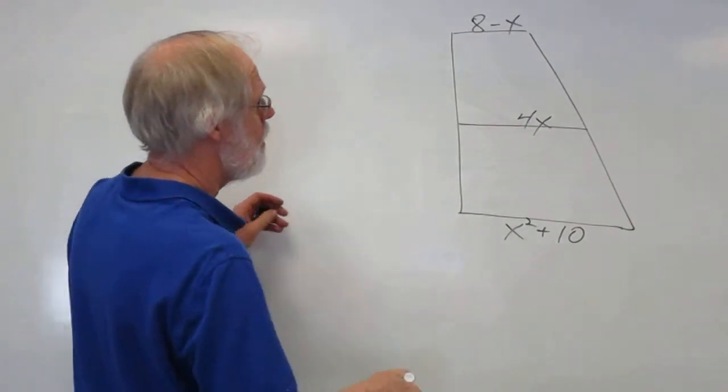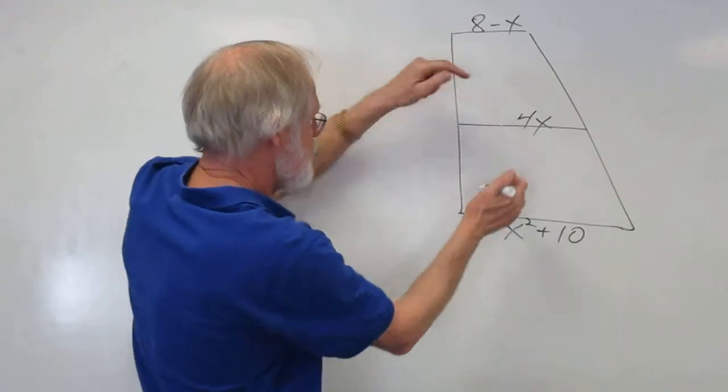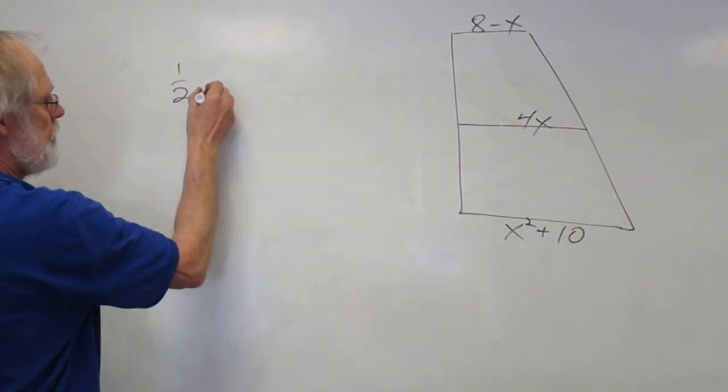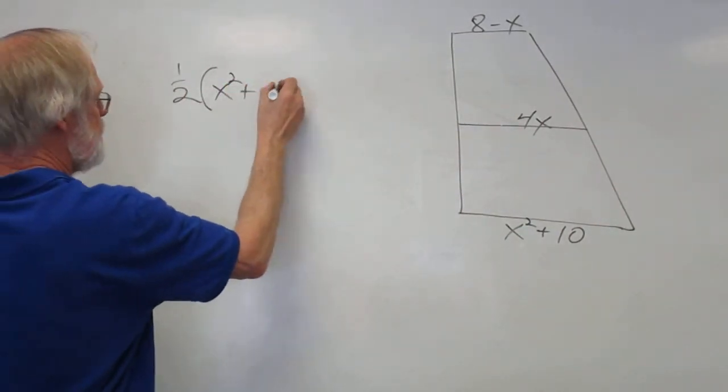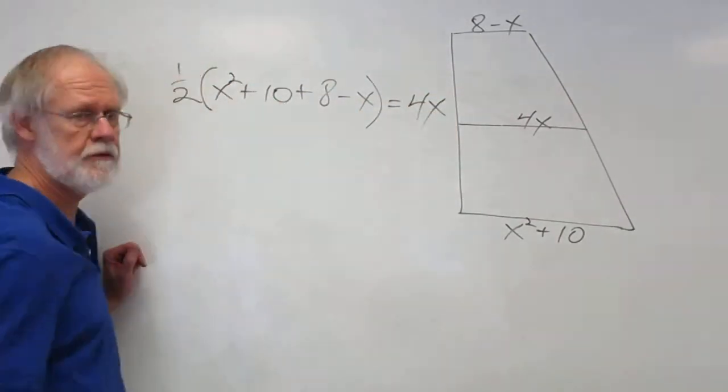Well, what we know is that 1/2 of the sum of these two is equal to this. So 1/2 of x squared plus 10 plus 8 minus x equals 4x.